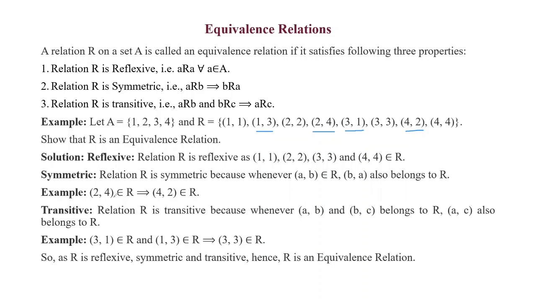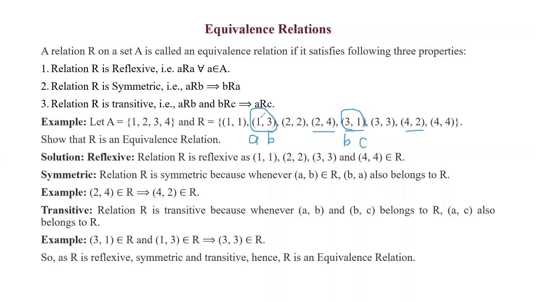Then the third property, that is transitive. Relation R is transitive if (A, B) and (B, C) belong to R, then (A, C) also belongs to R. That is, this (1,3) and (3,1): that is your (A, B), this is your (B, C).